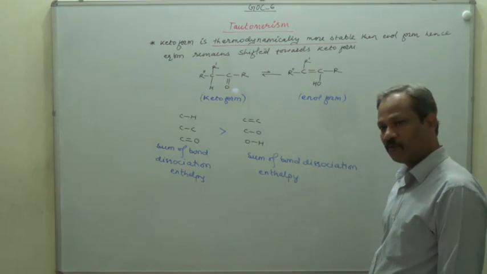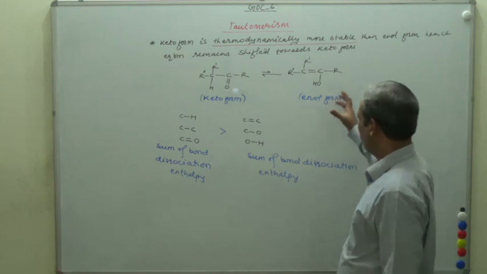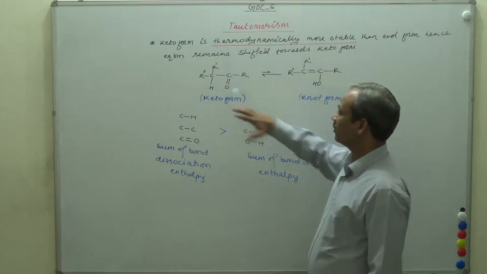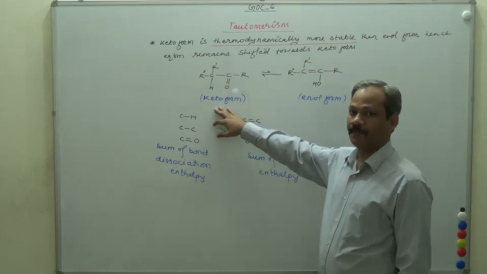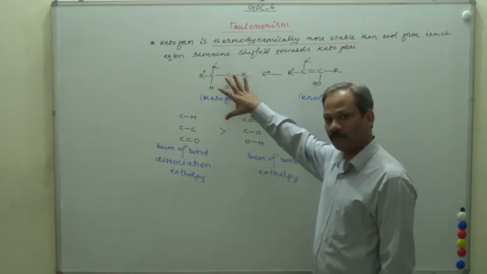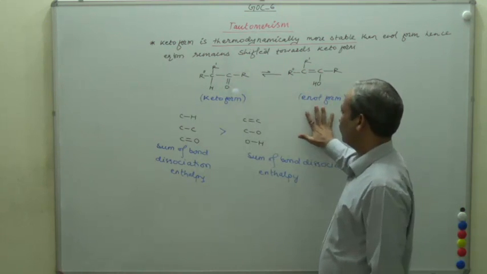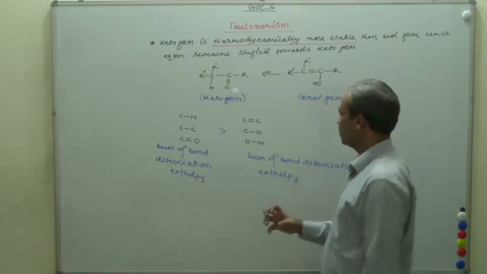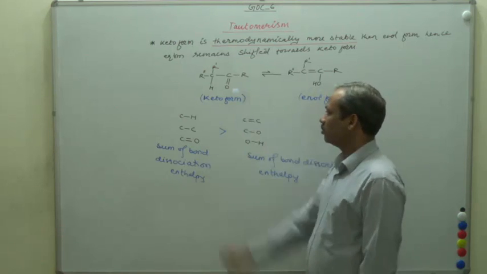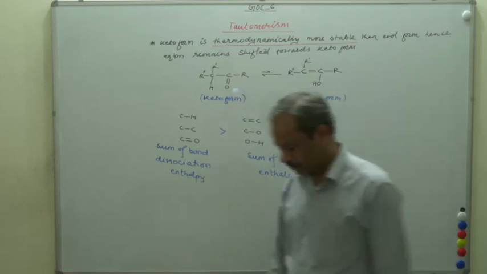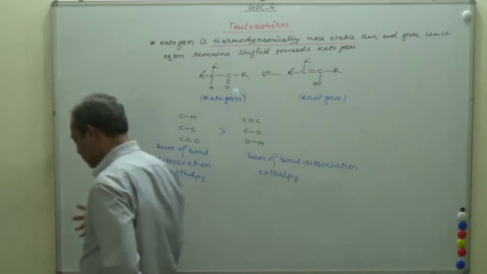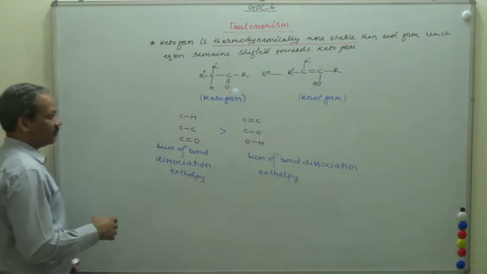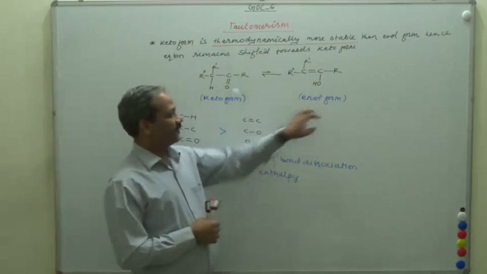The percentage of enol form becomes much more than that of keto form at equilibrium. In general, percentage of keto form will be more than that of enol form, but in some cases, percentage of enol form becomes more than that of keto form. Now, in these special cases, it is because of the presence of extra stabilizing factor.